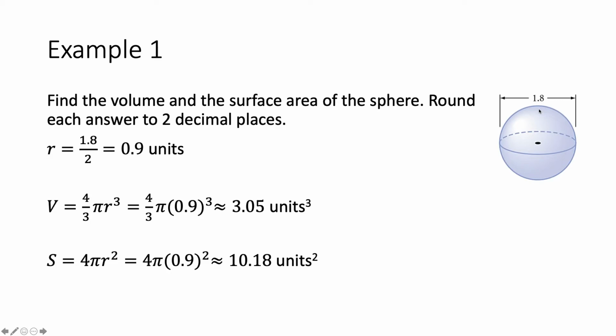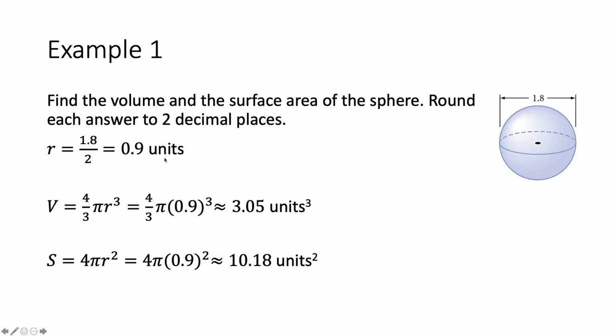So if we want to get our radius, which is something we will need, since both the volume formula and the surface area formula involve the radius, we need to divide 1.8 by 2 to get the distance from the center to the outside of the sphere.